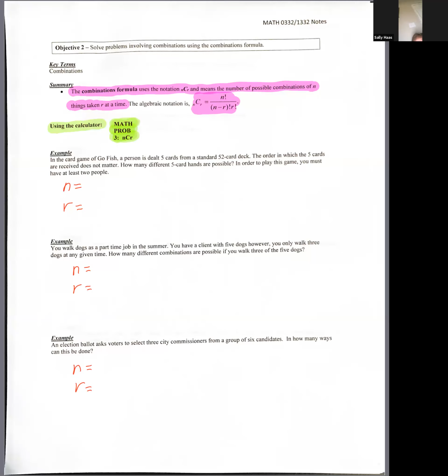So we would set up the problem 52 C 5. And I don't expect you guys to use the actual formula that you see up here. I expect you to use your calculator. You have your calculator handy? I know it's supposed to come back as a big number.